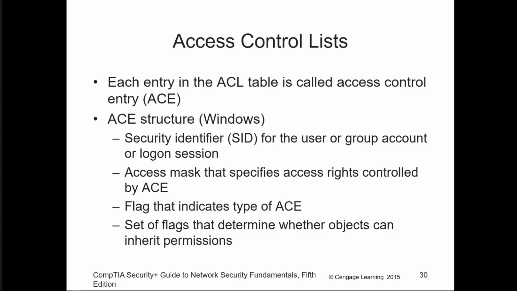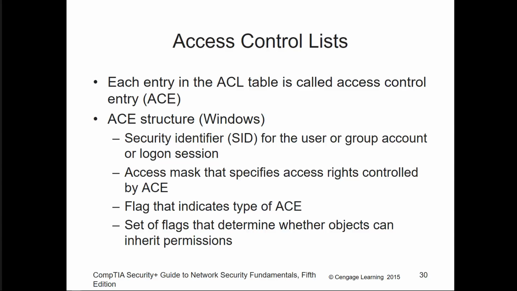Each entry in the ACL is called an ACE, an access control entry. Within that ACE structure, there's typically an identifier for the user and groups, the SID, and there's an access mask that specifies the access rights controlled by that ACE.